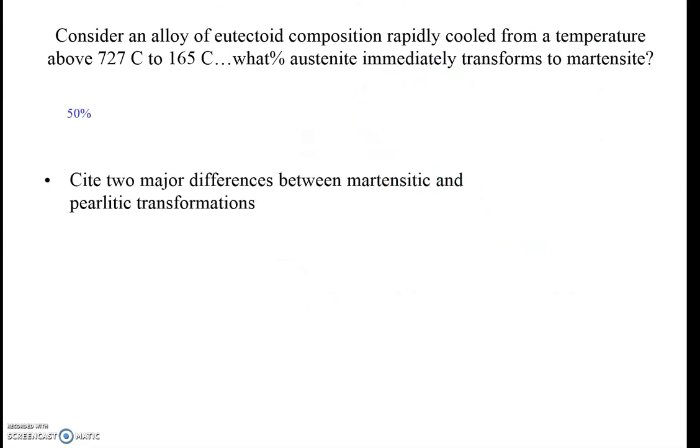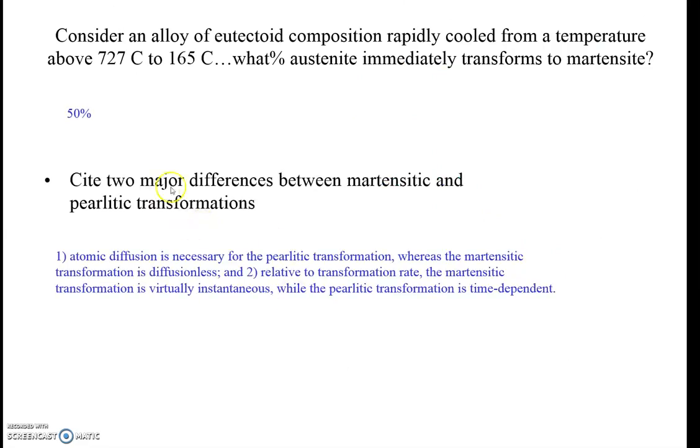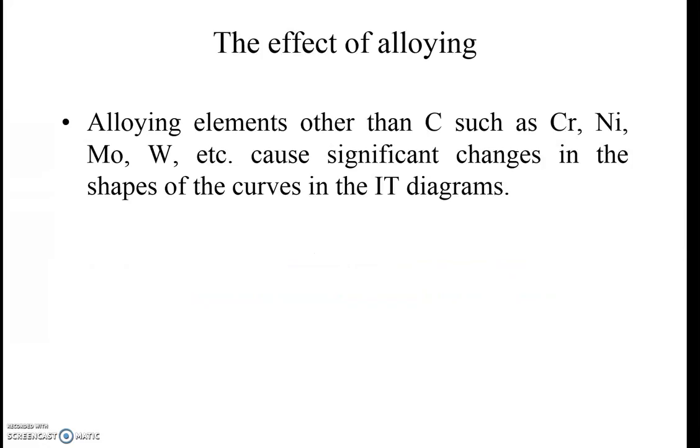So we can say here that for the pearlitic transformation, we do need to have diffusion, whereas the martensitic transformation is diffusionless. There's not enough time for any diffusion to occur. And as far as the transformation rate is concerned, the martensitic transformation is virtually instantaneous, while the pearlitic transformation is time dependent. Now, what if we add other elements?